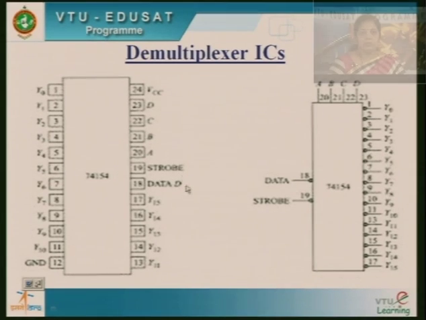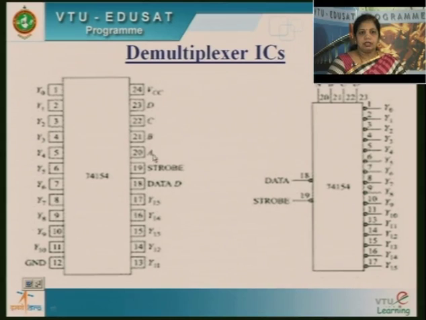We have a data input here, we have control signals A, B, C, D, 4 control signals, supply VCC, and ground. We have output lines Y0 to Y15. So it is nothing but the 1:16 demultiplexer IC. To select 16 signals, we have 4 selection lines.